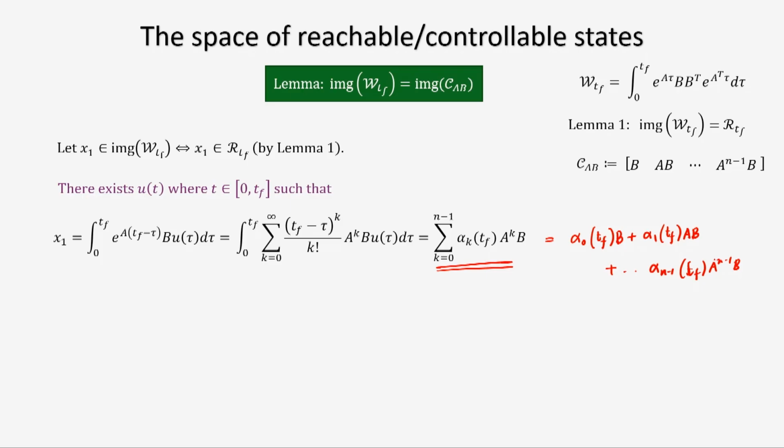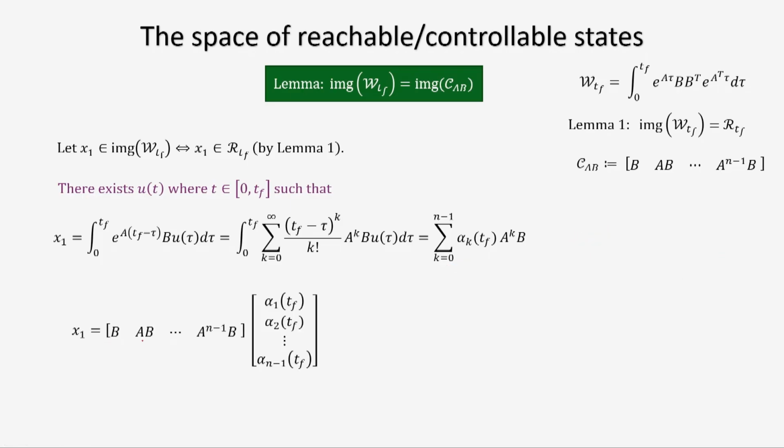But this expression can also be written in this way, see this expression, this multiplied by this. So, that means, you see what is x 1? x 1 is nothing but a linear combination of the columns of b, A b up to A to the power of n minus 1 b. So, x 1, what was x 1? x 1 was a reachable state. So, a reachable state is being written down as a linear combination of b, A b, A square b.